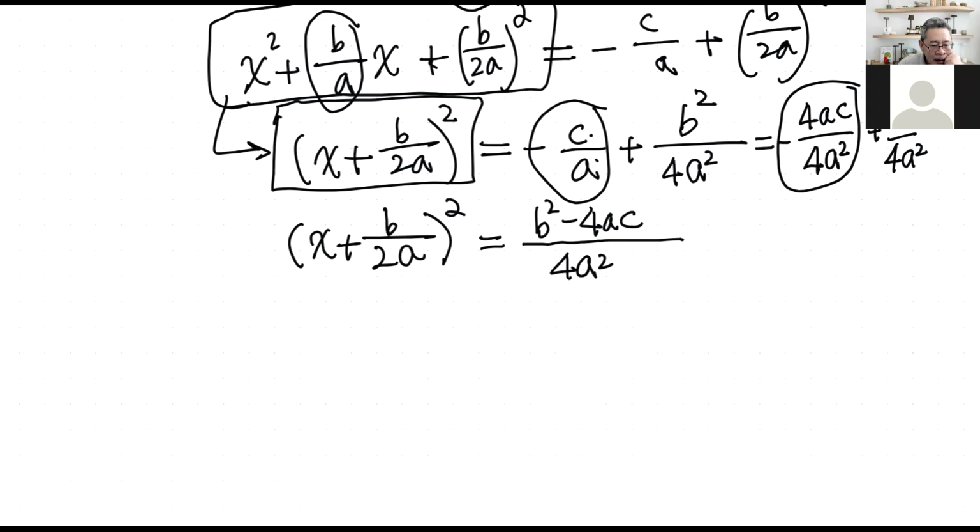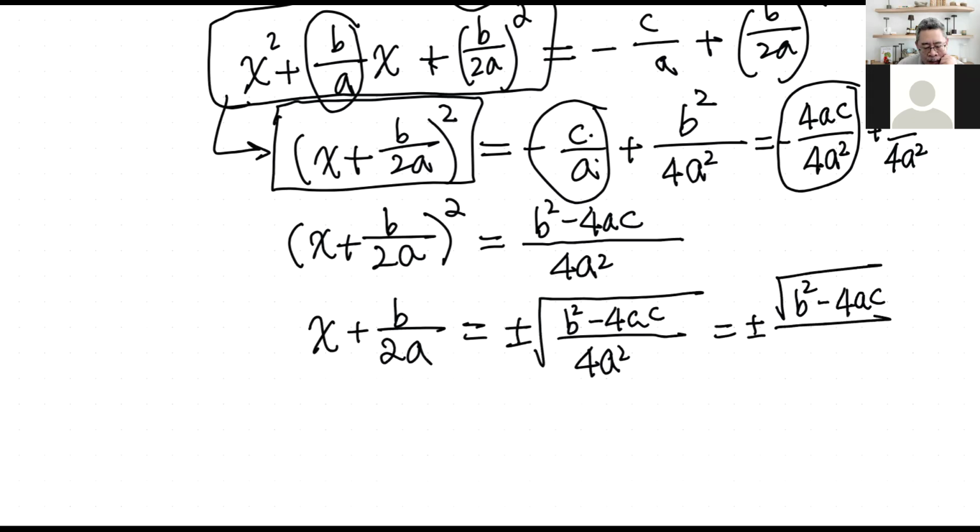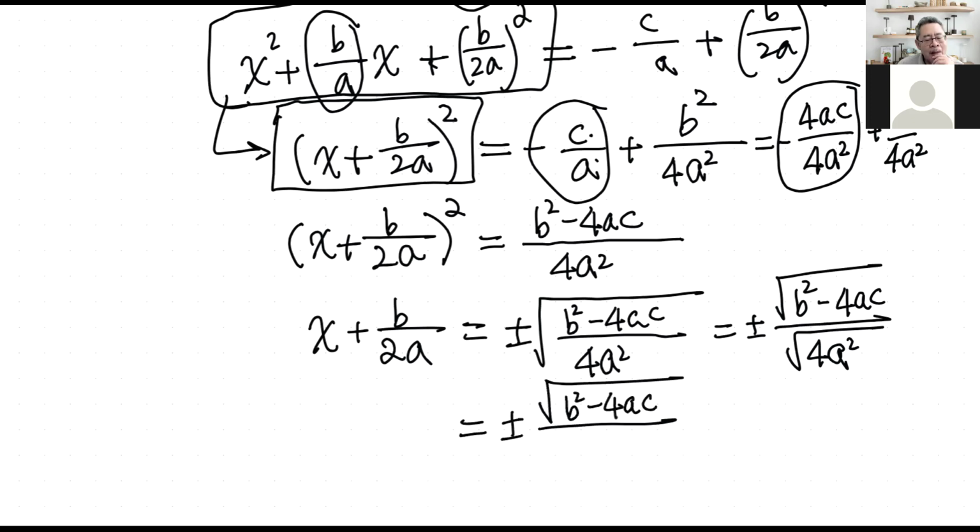Then we got x plus b over 2a, and this side is going to be plus minus the square root of b squared minus 4ac over 4a squared. Now we know the square root of the bottom just gives us 2a. So we got this. Okay, good.